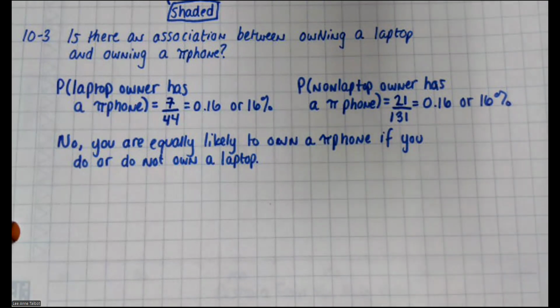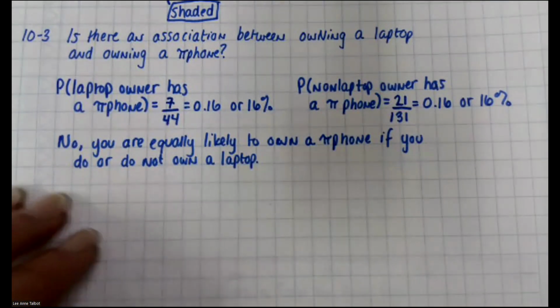All right, you have one more problem. And this one is going to be our notes for two-way tables. Is anybody still writing? No? Okay.